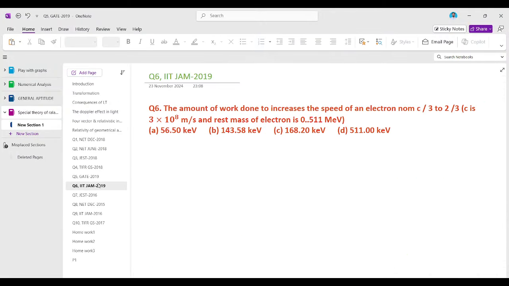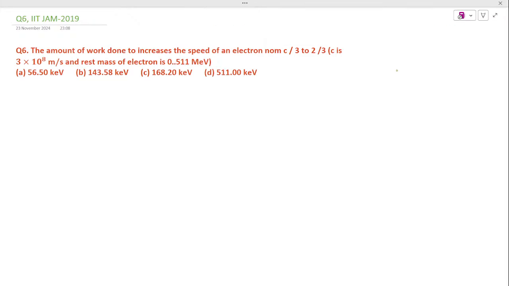Next, question number 6 from IIT JAM 2019. The amount of work done to increase the speed of an electron from c by 3 to 2c by 3.